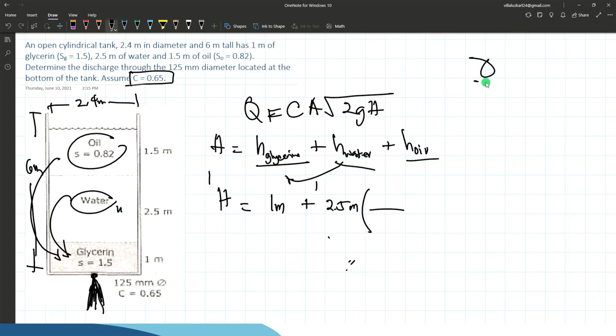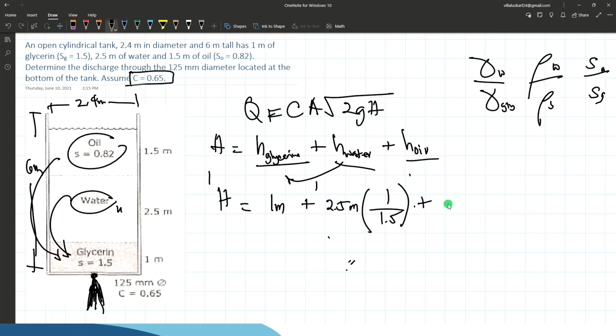We can use the ratio of its unit weight, or we can also use the mass density, and we can use as well the specific gravity of these liquids. Okay, since the given data here are specific gravity, we will use specific gravity. So the ratio of the specific gravity of water, which is 1, divided by the specific gravity of glycerin, which is 1.5.